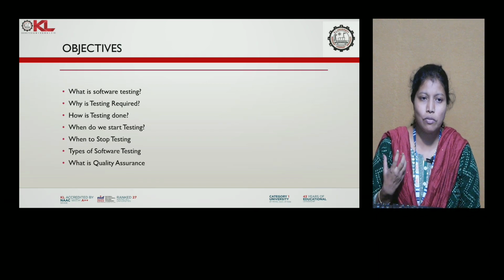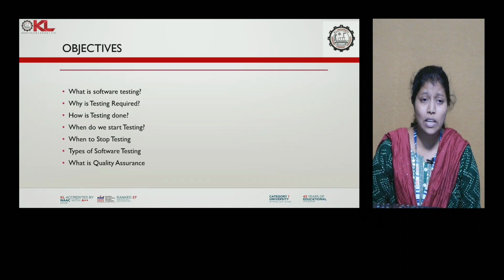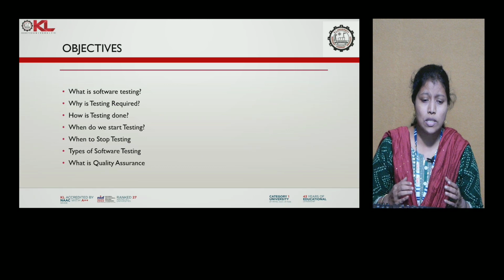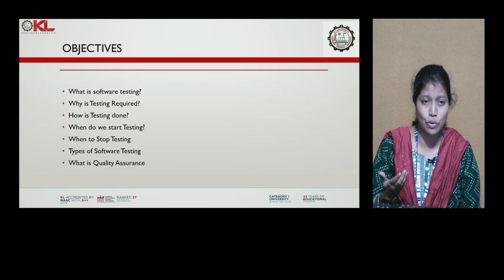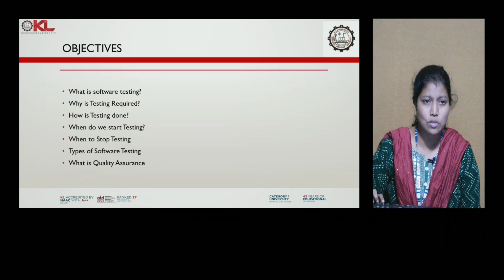We'll adopt different kinds of testing. That also we're going to cover in the upcoming slides. Again, in the end, what is quality assurance? Once your software has been tested, we give it a quality, and according to that quality, we give assurance. So in the slides we're going to deal with all these objectives.